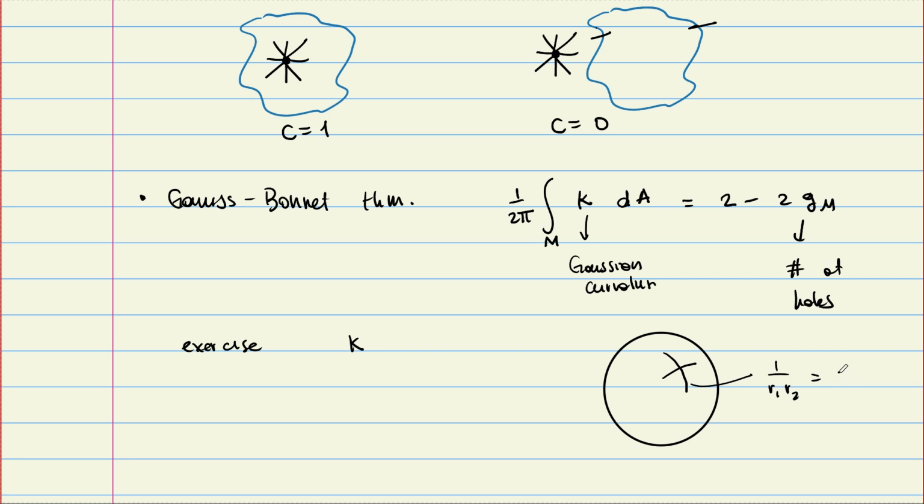For the sphere it is trivial, both of them are the radius of the sphere, so it is going to be 1 over r squared. If K is 1 over r squared, put that in that integral, and that integral is now trivial. This is going to be 4 pi divided by 2 pi, which is 2, and gM is equal to 0 for a sphere. Then this C is going to be 2 for a sphere.